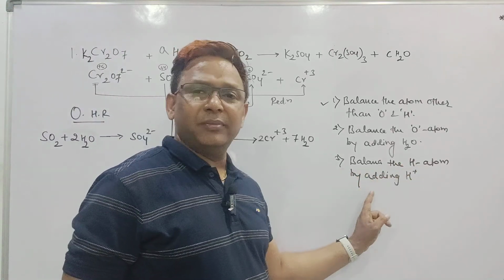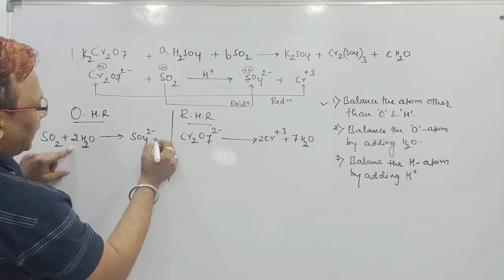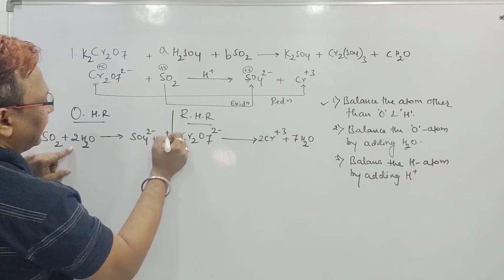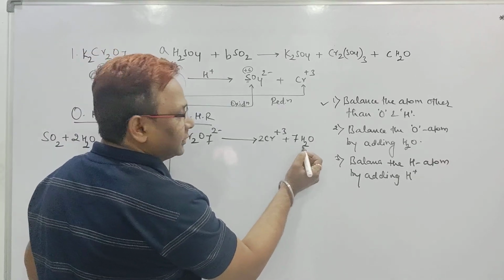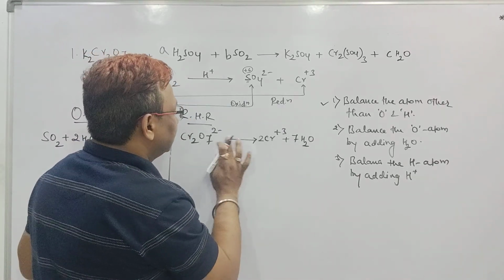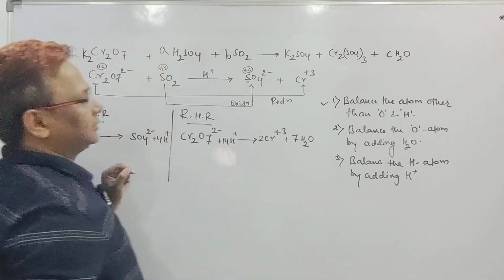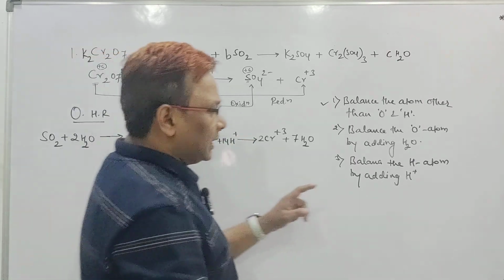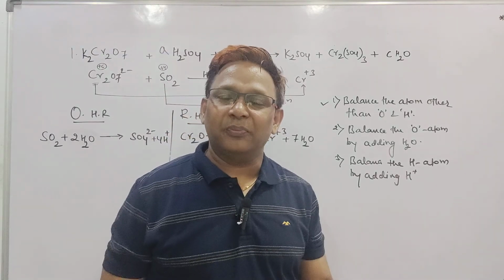Balance the hydrogen atoms by adding H plus ion. Hydrogen, how many here? 4. So add 4 H plus ions here. But hydrogen, how many here? See, 14, 7 twos are 14. So can we add 14 H plus ions here? Now beta, the next step is to balance the charges by adding electrons.